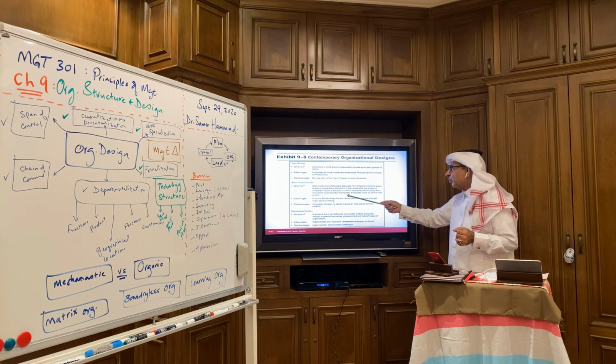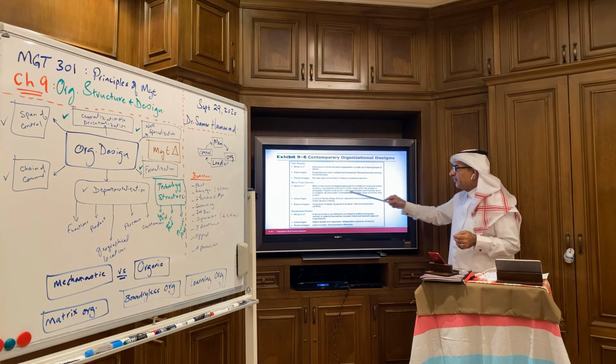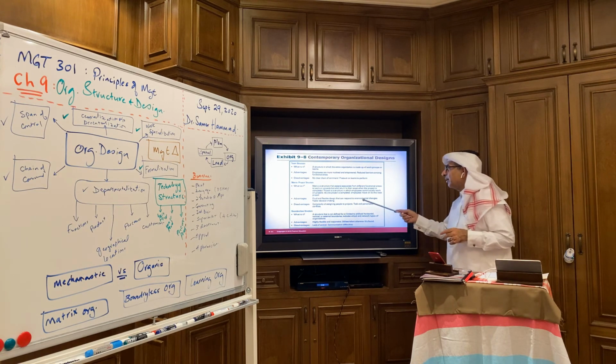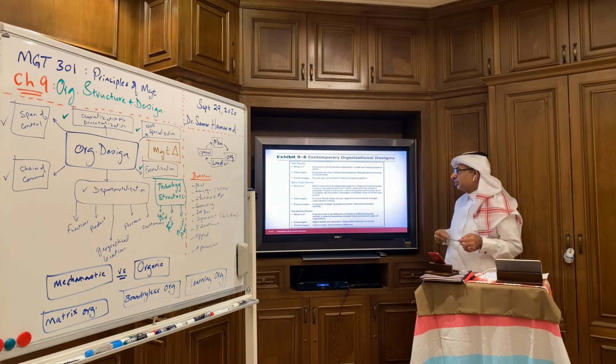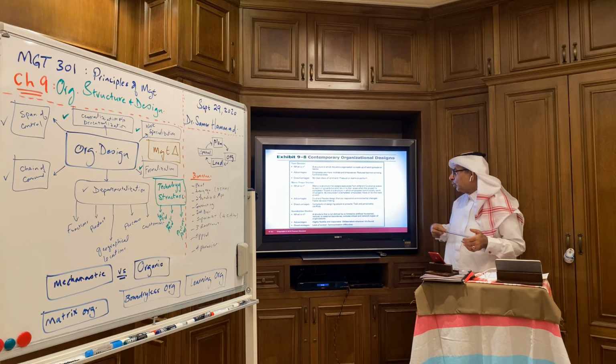When the project is completed, employees move to the next project. Advantages: it's a fluid, flexible design that can respond to environmental changes, and faster decision making. Disadvantages: complexity of assigning people to projects, and task and responsibility conflict.